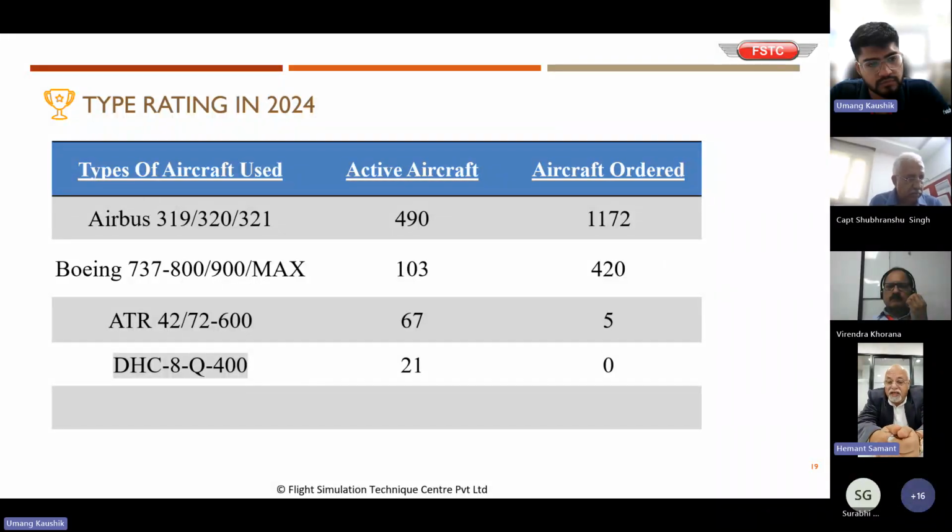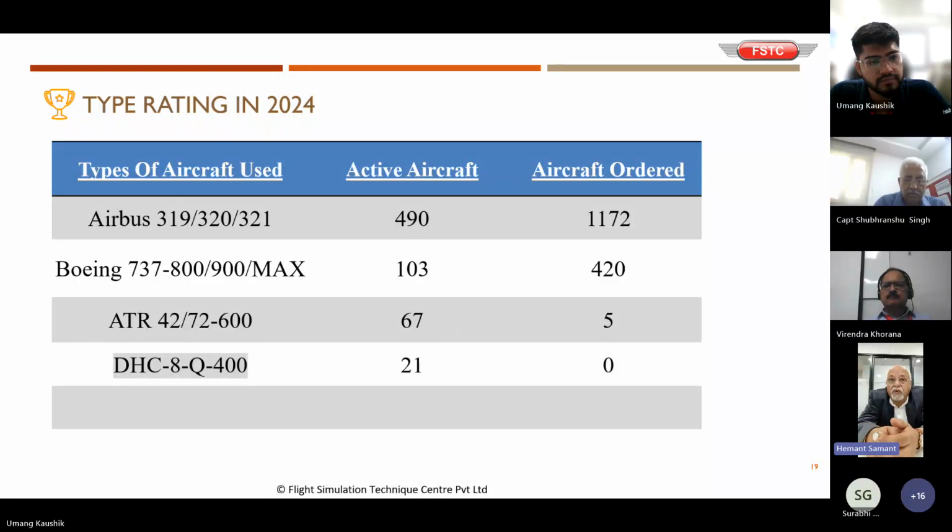But you would see that there is presently a craze for Boeing 737 training, because some operators like Akasa or Air India Express or SpiceJet are looking for these type trained people.